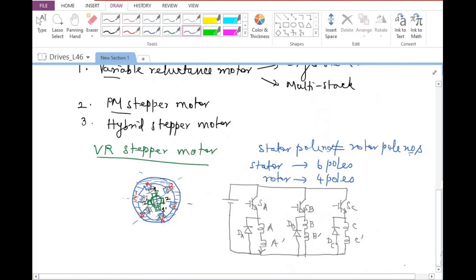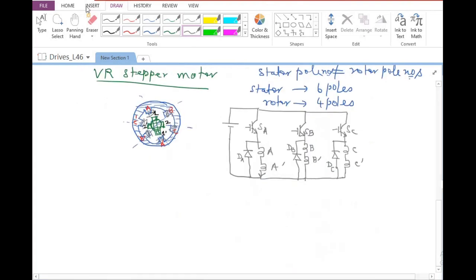So let us say initially we energize A and A dash by turning on SA. So we are going to turn on SA and energize A and A dash.